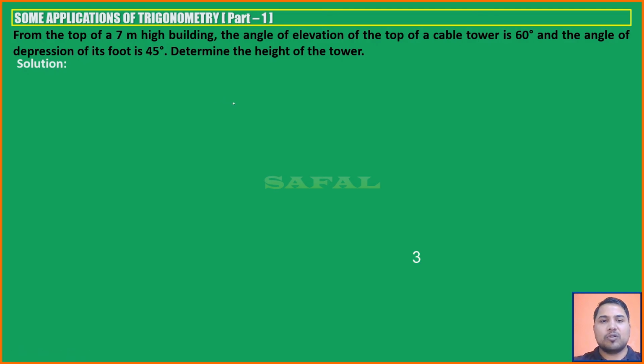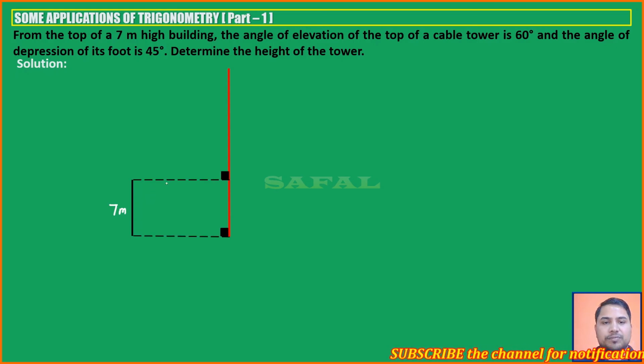So let us try to look at the situation. First I have taken the tower. The red line you can see on the screen is the tower. Now I am taking a building which is 7 meter high. So this black one is the building which is 7 meter high. Now I am drawing two horizontal reference lines. The observer is on the top of the building, somewhere here.